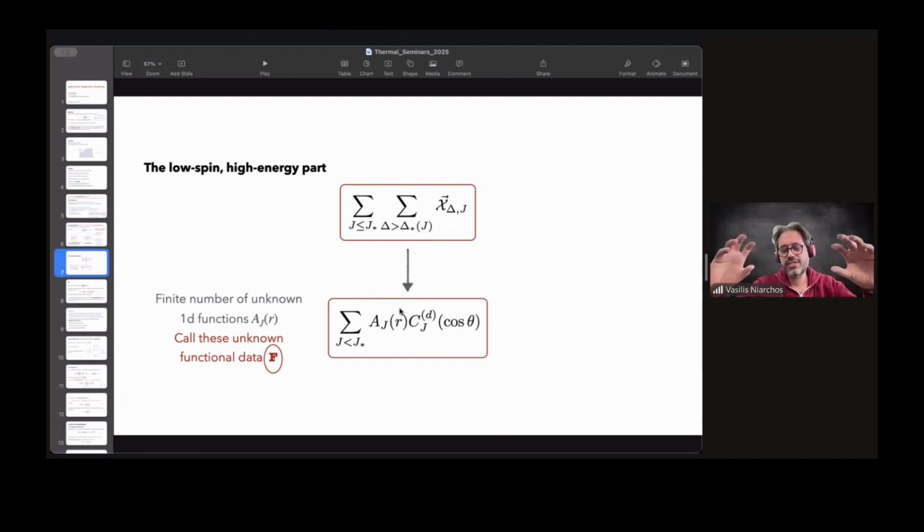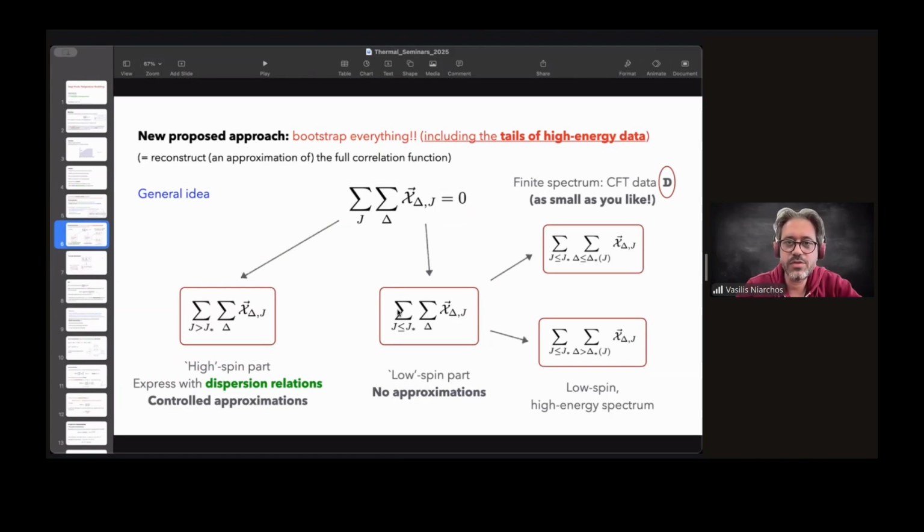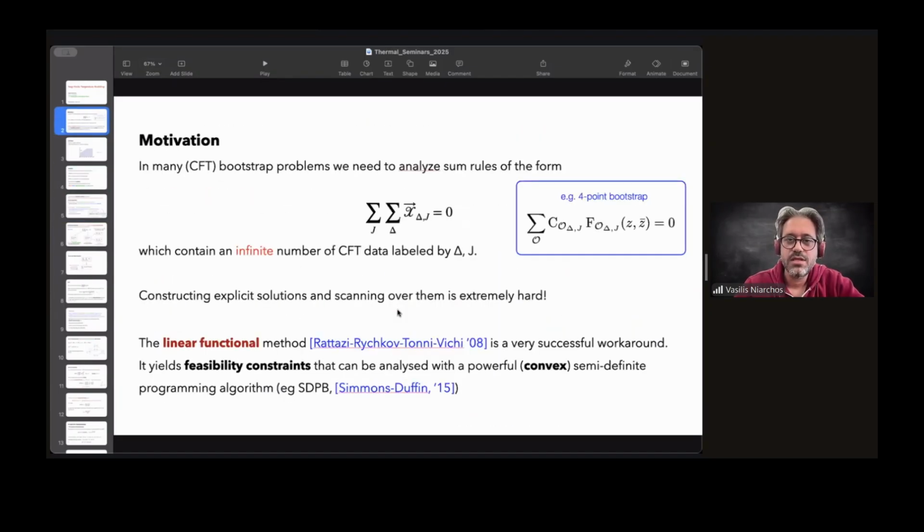basically each of the terms factorizes into a function of R, some radial function. Maybe I should have said it already. Let me go back a little bit. When we write this crossing equation, typically it comes from a 4-point function or a 2-point function, which has some space-time dependence. To solve this equation, we either choose some points in the plane to evaluate the function, or we take derivatives at some point.